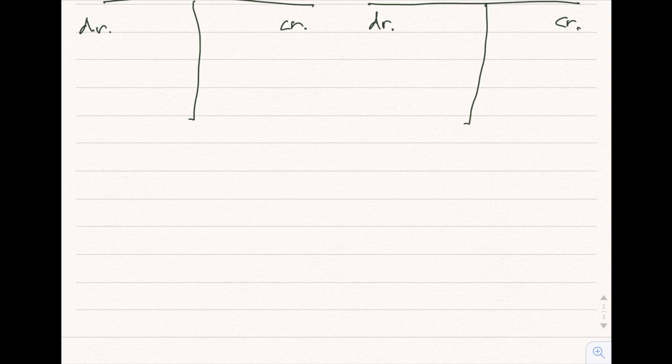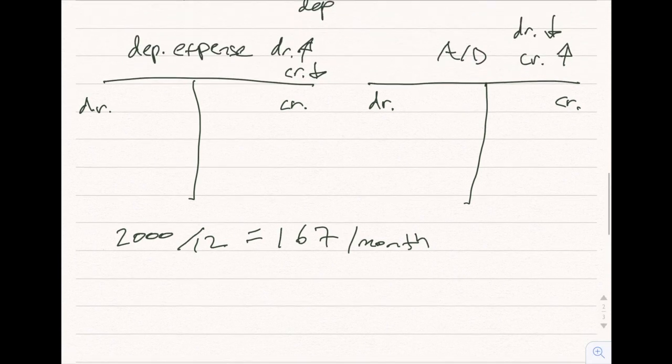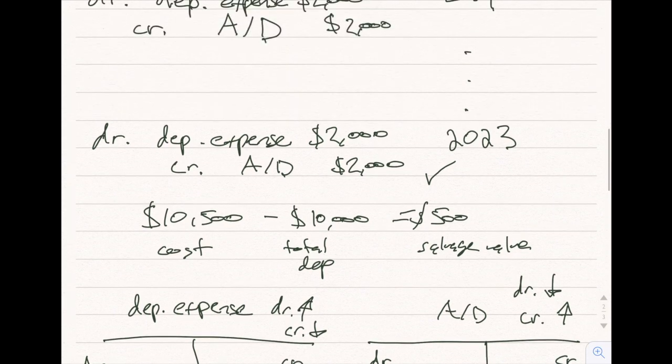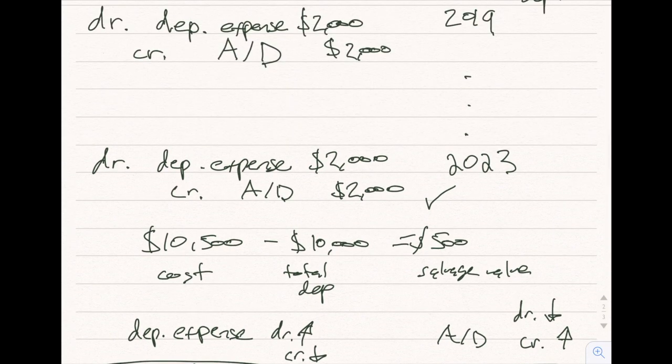So let's just look into that a little bit. So 2,000 divided by 12 months is 166.66. Let's just, for simplicity, call this 167 per month. So here, these journal entries, 19 through 2023, I've simplified a little bit.